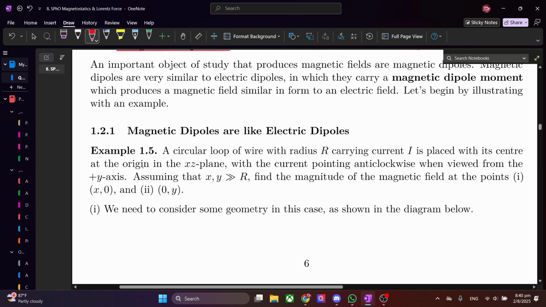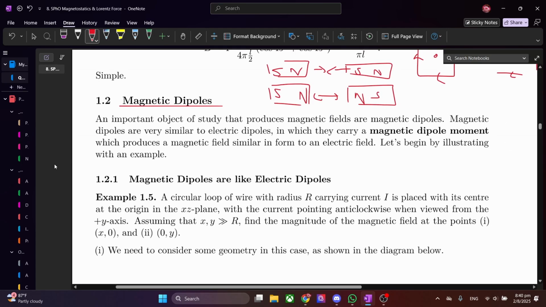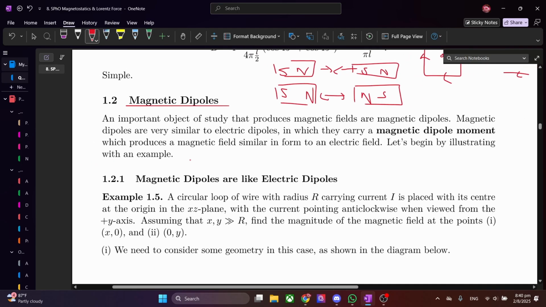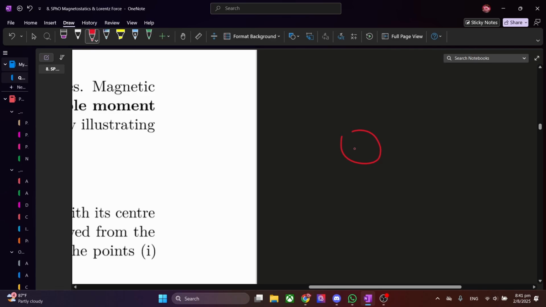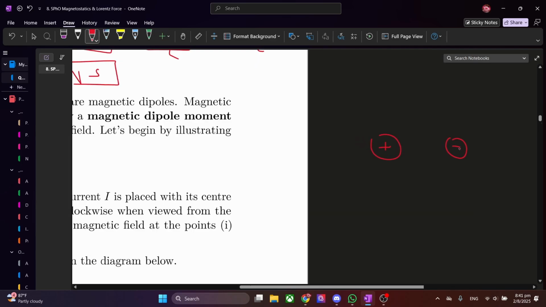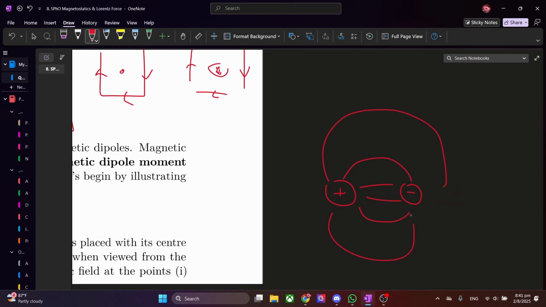But to illustrate it better, I also used an example. To be fair, I have a lot of illustrations by example, but I think it will help. So basically, a magnetic dipole is similar to that of an electric dipole, which we introduced in one of the previous chapters, where if you have two small charges that are close together, they exert this field that looks something like, I can't remember how to draw it.